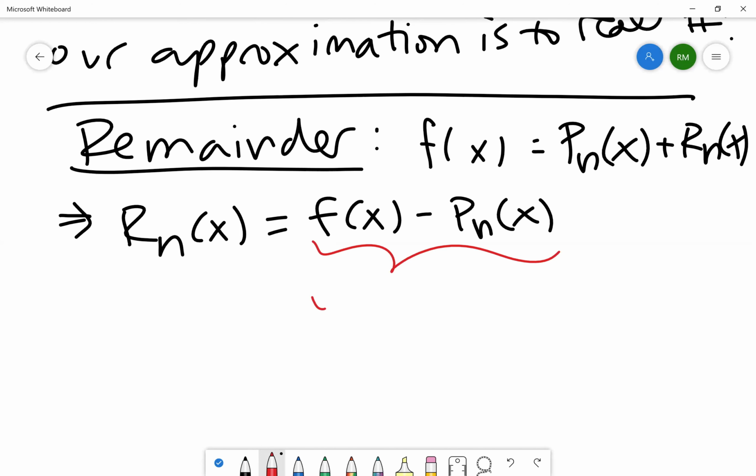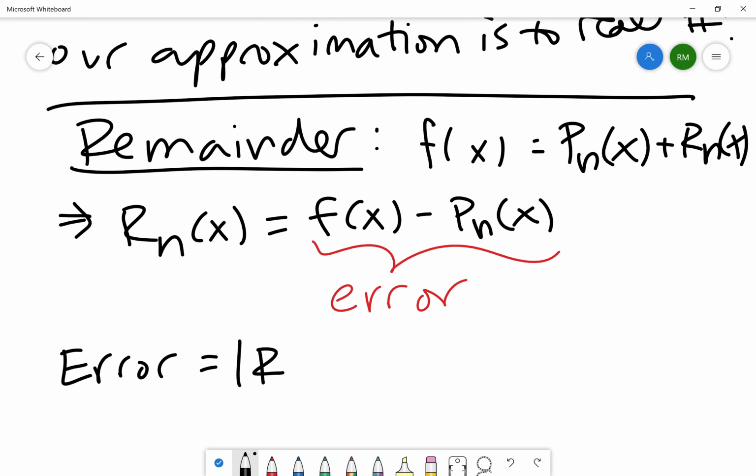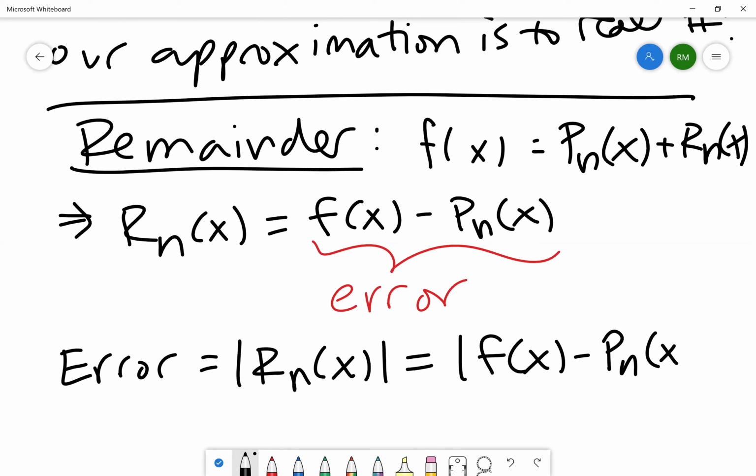We might call it the error. All right, so it's not exactly the error. The actual error is the absolute value of the remainder, which is the absolute value of this difference right here.